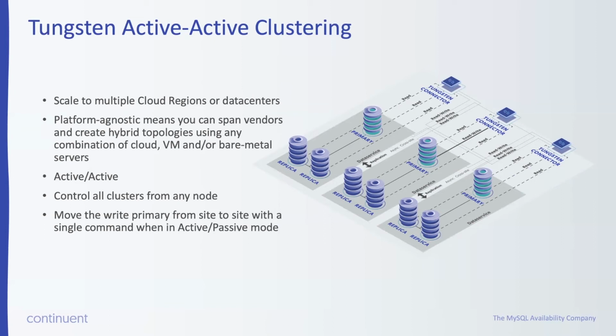So each active cluster has a primary that you can read and write from. And with this, you can deploy your clusters close to your users so they get the best performance. Your local users can read and write to a local database. But all these clusters are in sync with each other, and each one is active.